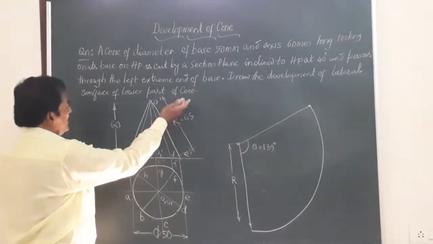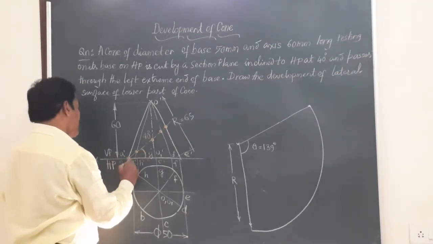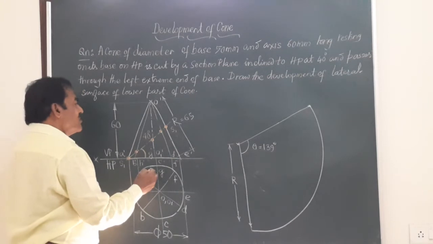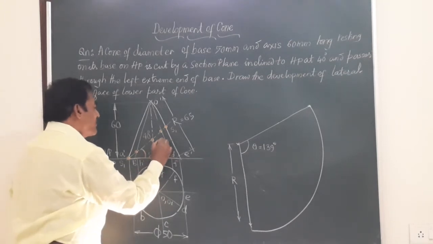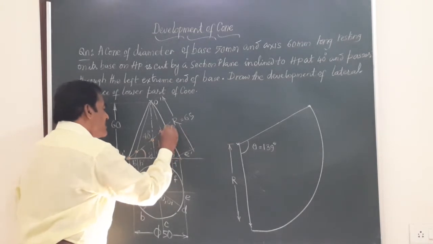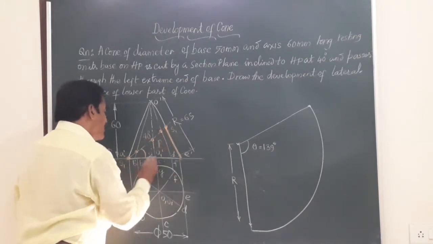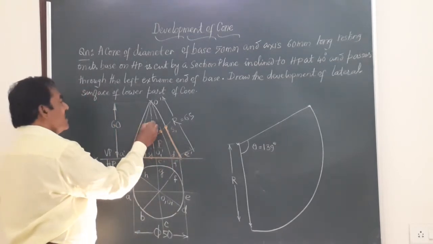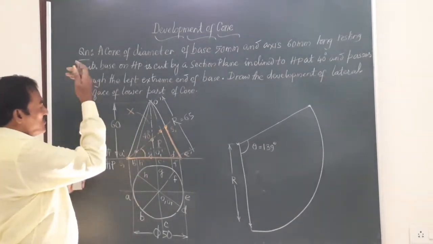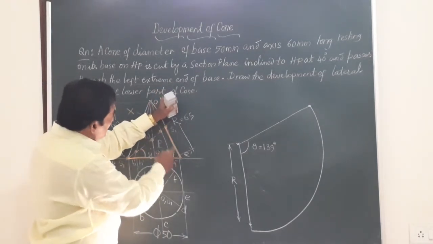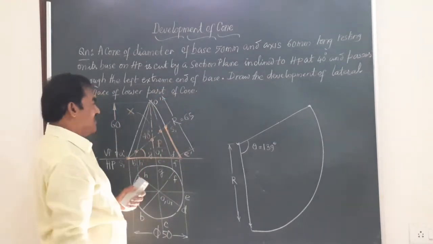After it is being cut by section plane S1, we are going to retain this lower part P, and we will show it by dark lines. This part we are going to throw away, and we are required to draw the development of this part, the lateral surface of that.